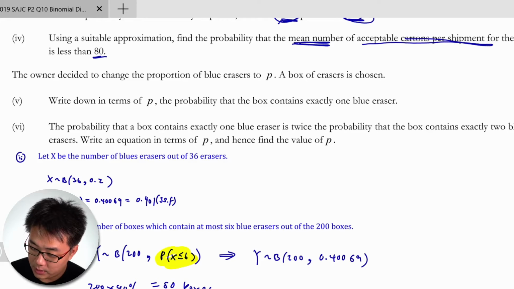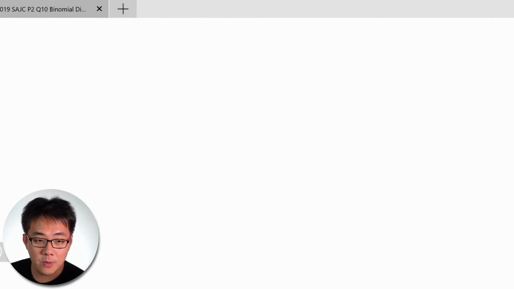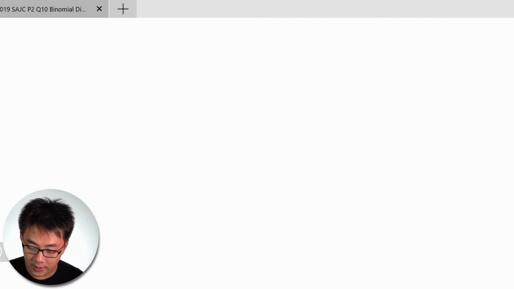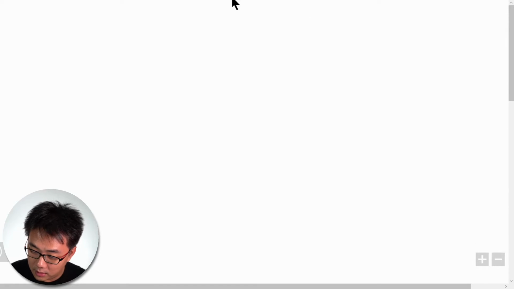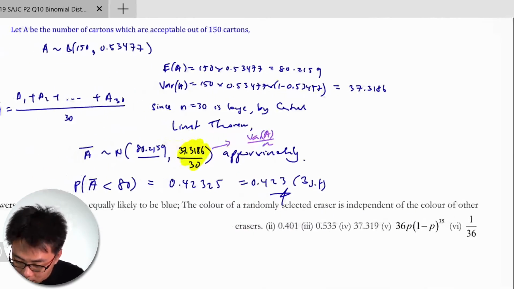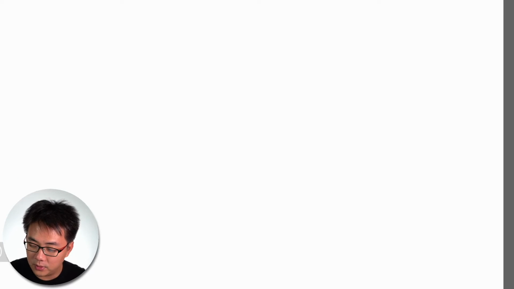Okay, we are just going to define a new random variable. I don't know about you, but for me, when I define the random variable, at least I have a grasp of how the things are moving, right? I already used X and Y, so every question also needs to be defined.